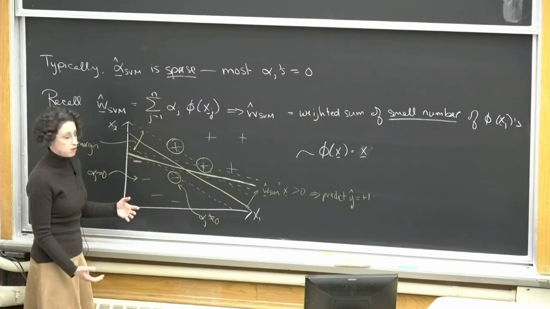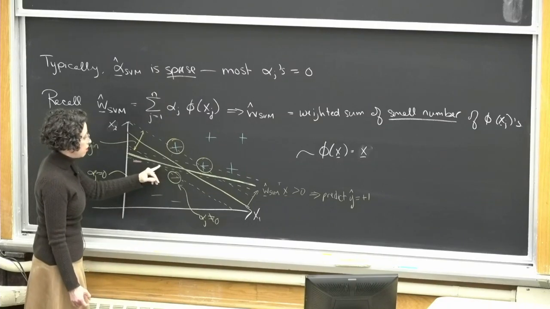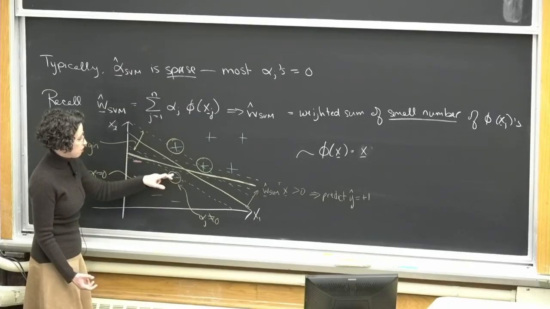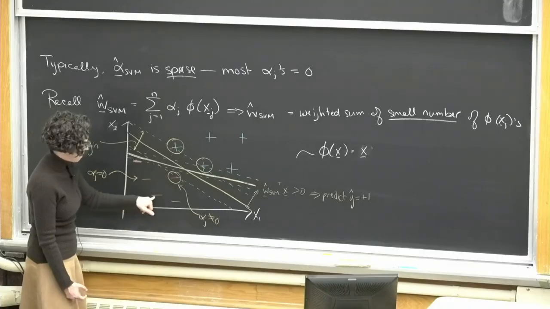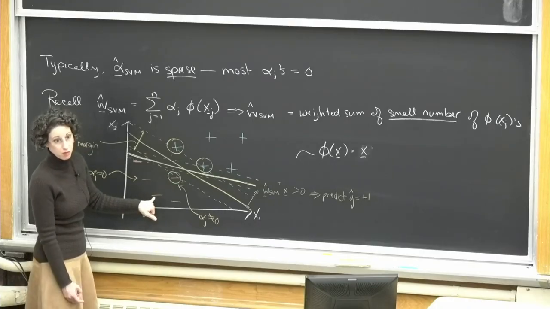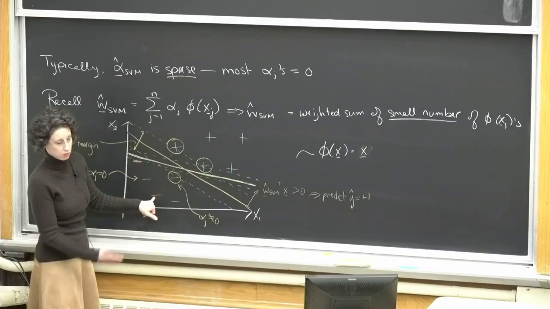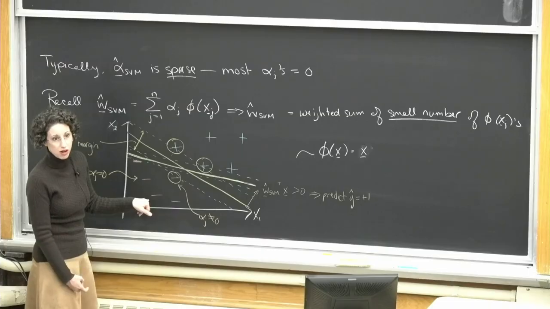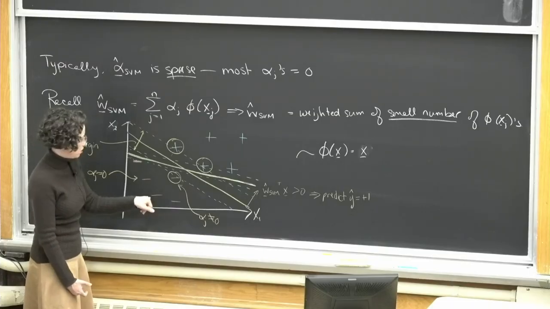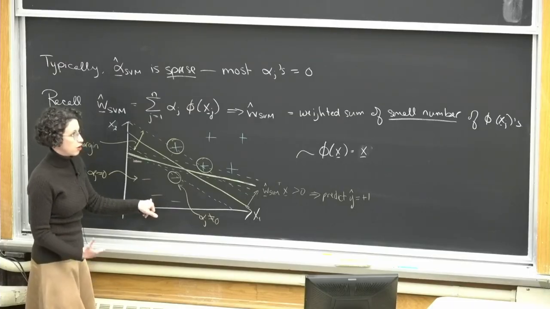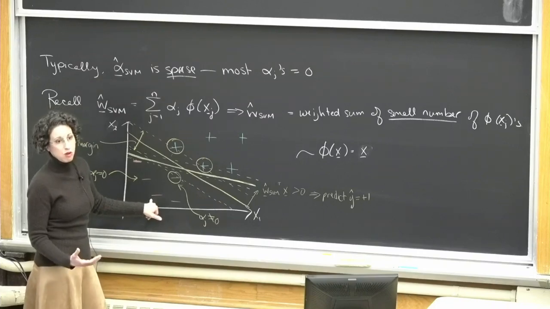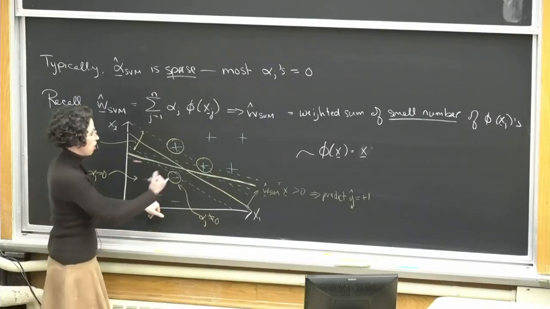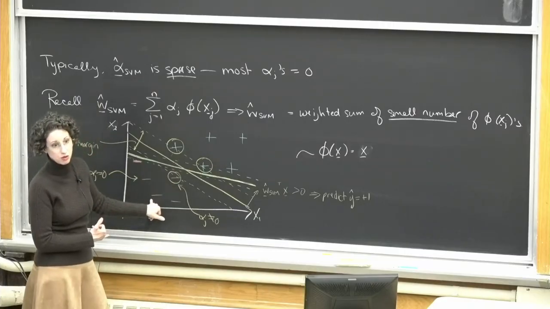If I'm really just trying to correctly classify as many points as possible and maximize the margin, or make sure that my prediction is robust to small perturbations, then I should not be paying attention to points way out here, because I can perturb them quite a bit and the prediction associated with them will not change. That was one of the failings of least squares: you could have points way out here that were correctly classified, and we were changing where the decision boundary was located based on them, in a way that could cause misclassifications close to the decision boundary.